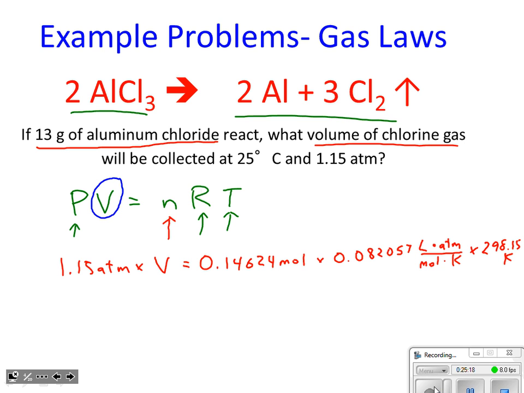So how am I going to solve for volume? I'm going to divide by 1.15 atm, so I get a cancel there.